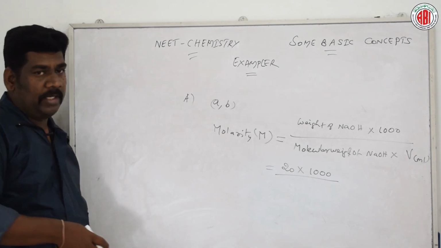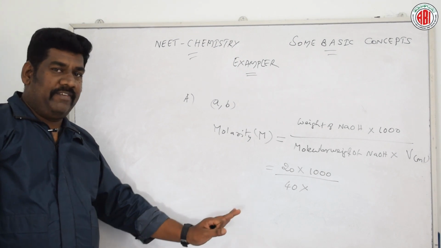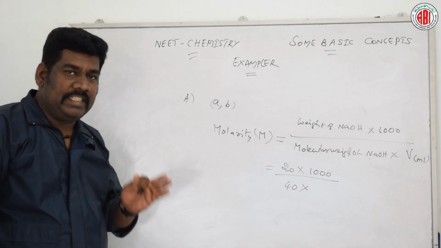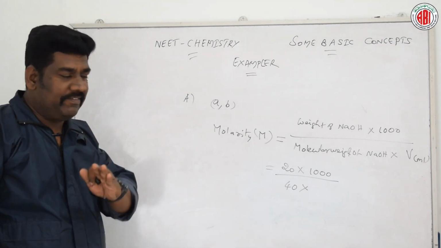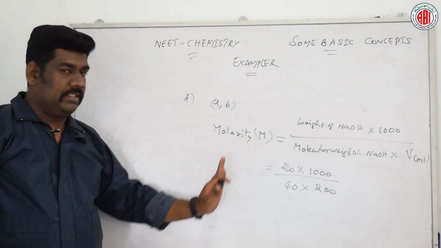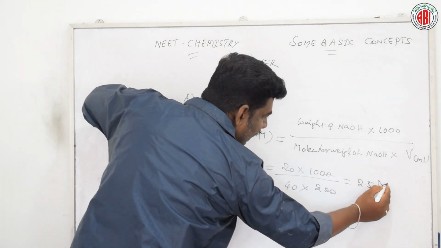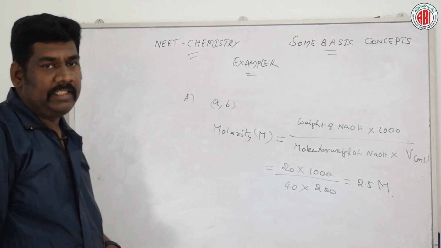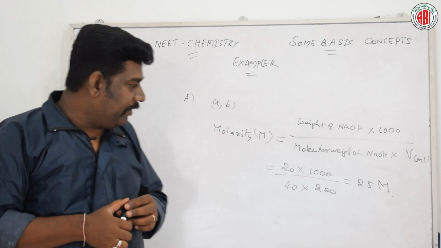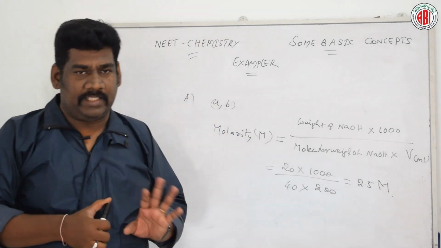Adding all these we get the molecular weight, 40, into volume given in ml, which is 200. Simplifying this we will get 2.5 M. M stands for molarity, that is nothing but the concentration of the solution. So we are getting 2.5 molarity. This is option A.